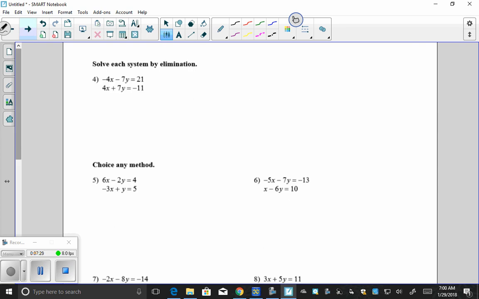Solve by elimination. First thing you have to make sure that you have for systems of eliminations is make sure everything is aligned. So line everything up. Well, in this problem, everything's lined up. I'm good to go.